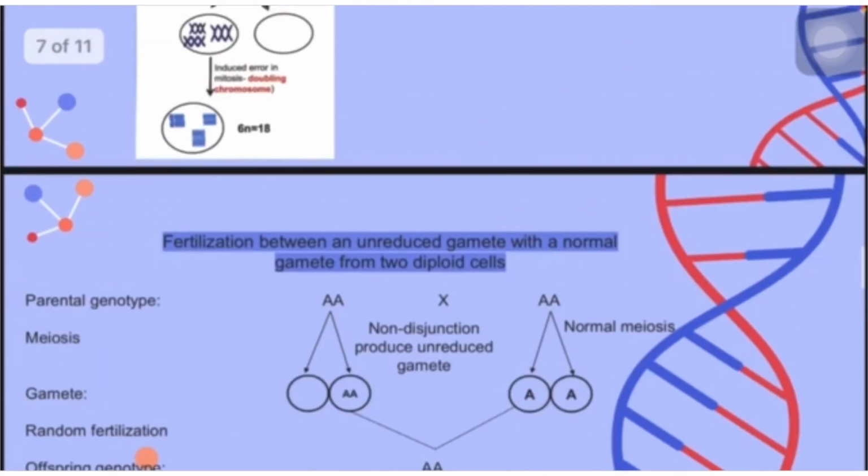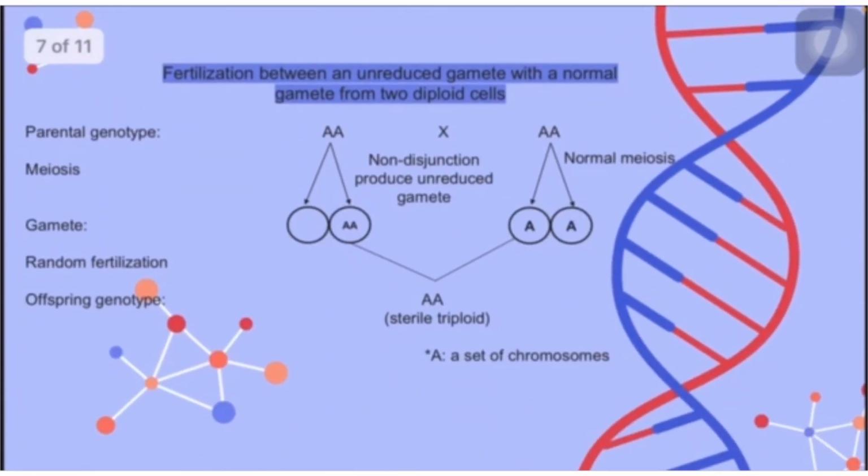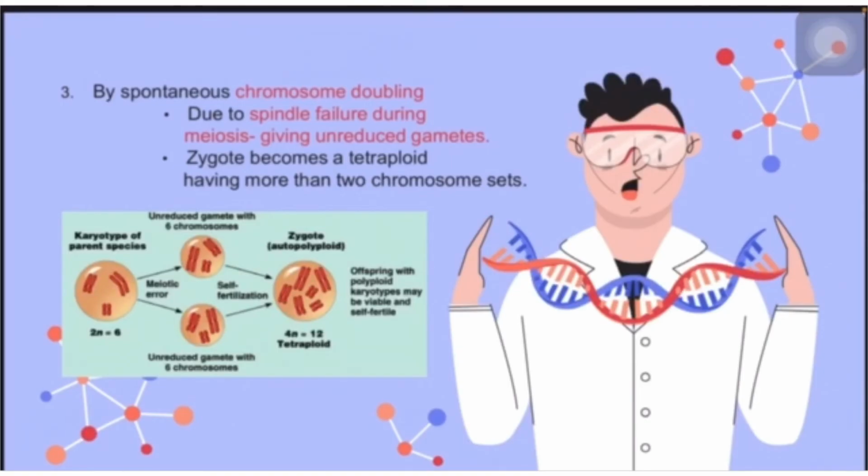We can look at this diagram to see how it works, which is fertilization between an unreduced gamete and a normal gamete from two diploid cells. Lastly, autopolyploidy forms by spontaneous chromosome doubling due to spindle failure during meiosis, which gives unreduced gametes.